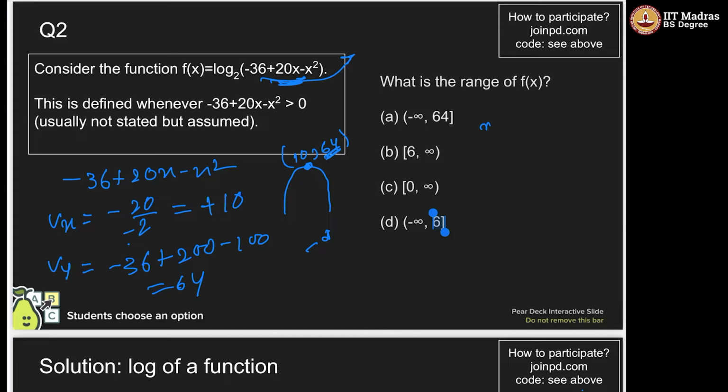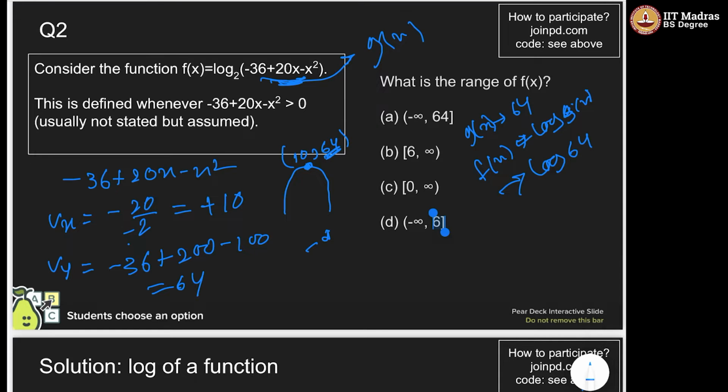Suppose this is g(x). When g(x) tends to 64, then f(x), that means log of g(x), will tend to log of 64, right?